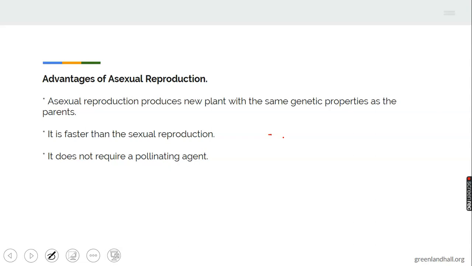Asexual reproduction produces new plants with the same genetic property. The genetic property does not change. It is a faster process of reproduction, unlike sexual reproduction. It does not require an agent of pollination.